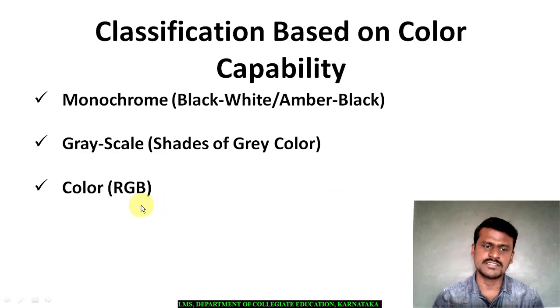Next is color. Color means it uses RGB, and these color monitors are also called RGB monitors. RGB means red, green and blue. These are the universal colors that are used to make all colors.